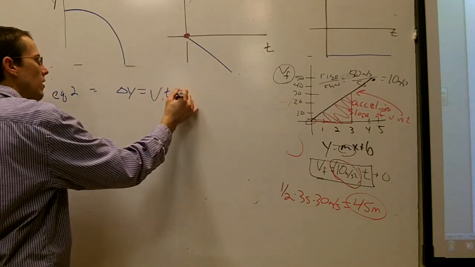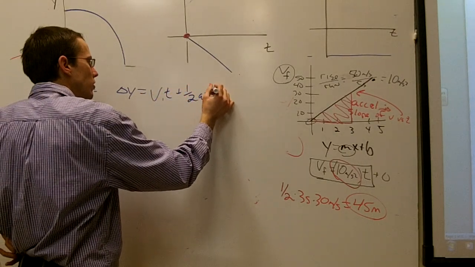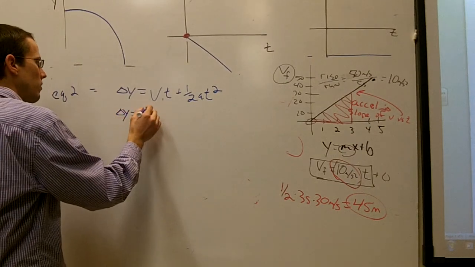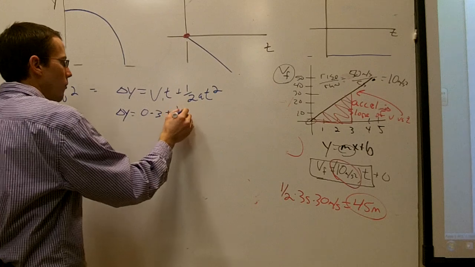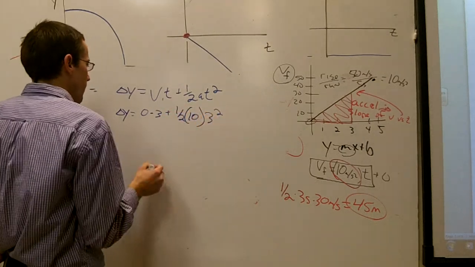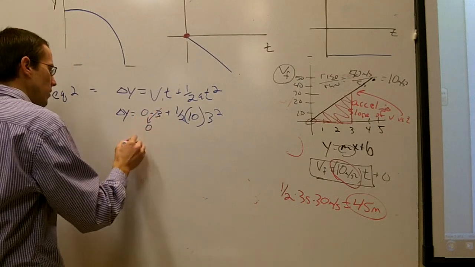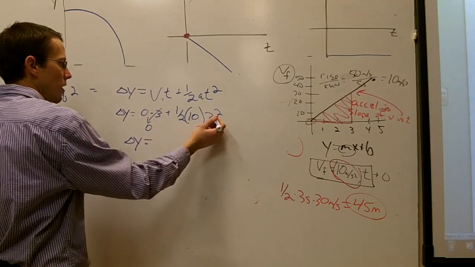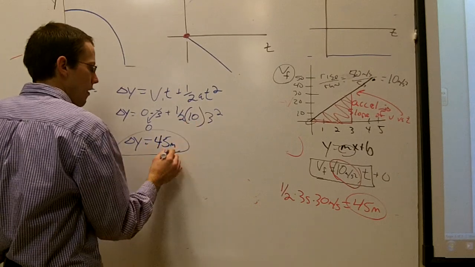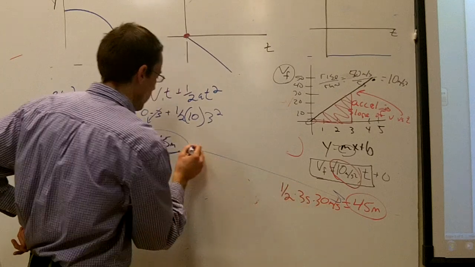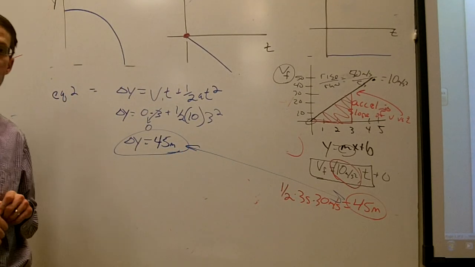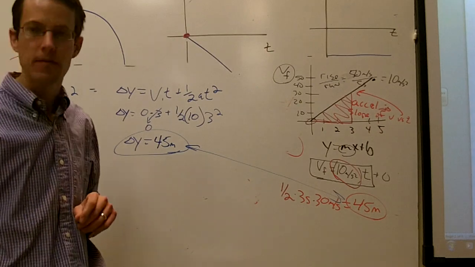The VIT plus 1/2 AT squared. And so you got delta y is equal to 0 times 3 plus 1/2 times 10 times 3 squared. So this goes to 0. So delta y equals 9 times 10 times 1/2, which is 45 meters. And those two answers line up as they should. And showing that our equations and our graphs still are the same from last unit. Okay, I'm good.